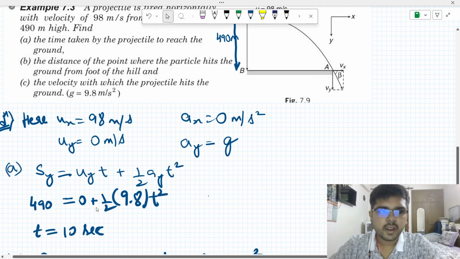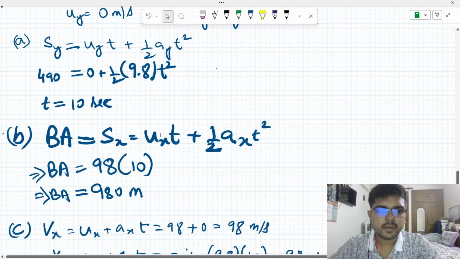Now we will find the distance between the point where the particle hits the ground and the foot of the hill, that is BA. This distance we have to calculate. That will be calculated from Sx equals uxt plus half axt square.